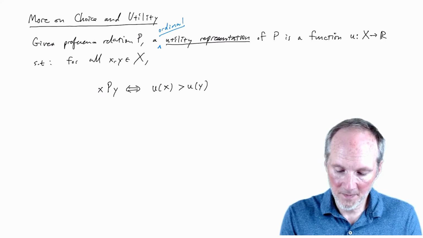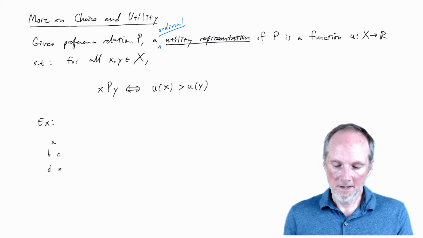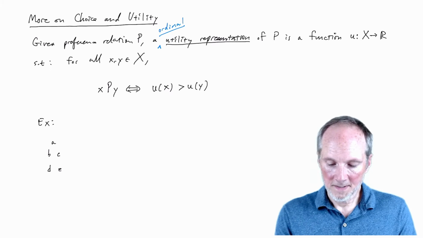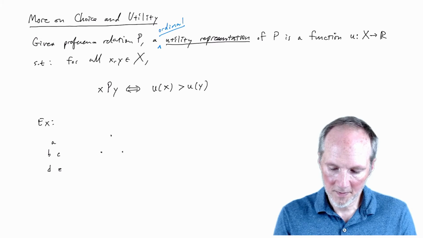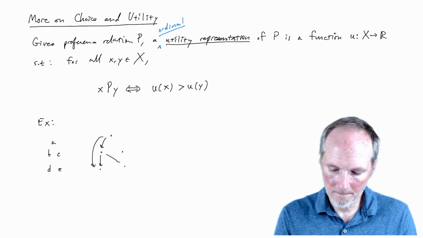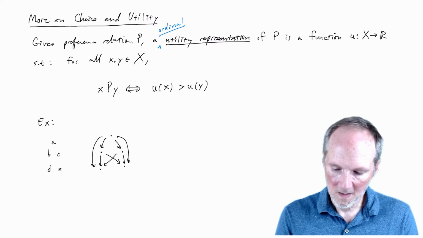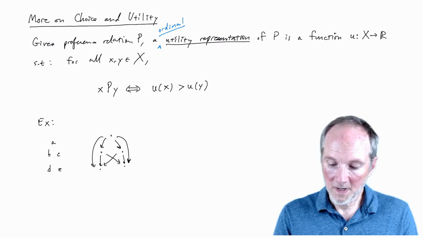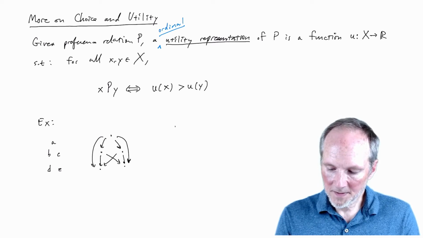Now, let's give some examples. Suppose we have our usual example of ranking A above B, C, and D, and E. Instead of using a ranking or a graph, we've done both types, we can use a utility function, and for that, I'm going to create a little table.